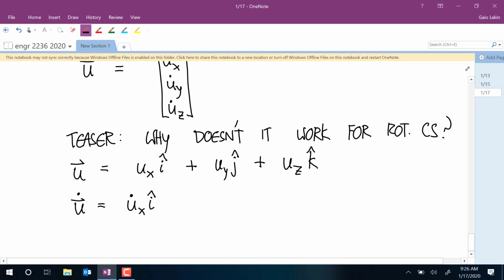But now the product rule says you also have to add that to ux times the time derivative of i, okay? And then that's going on for all of these. Yep, that's exactly right.